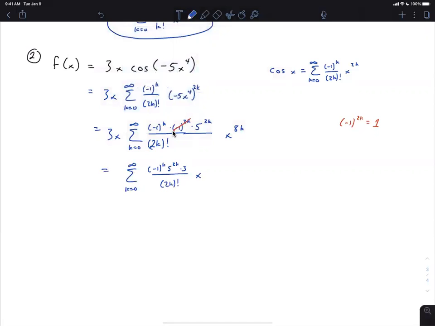And then x times x to the 8k is x to the 8k plus 1, because this is understood to be x to the first, and you add the exponents. Questions on that? So this is the series for 3x cosine of negative 5x to the 4th.